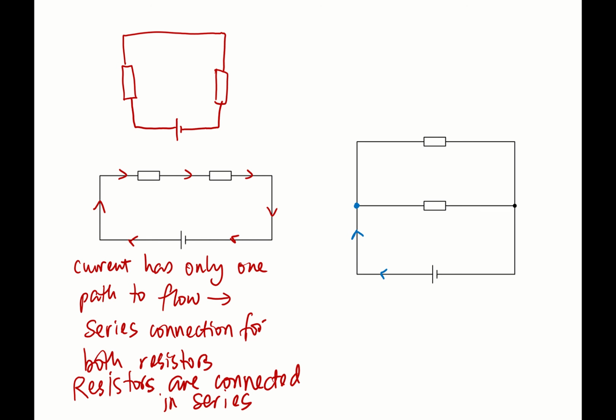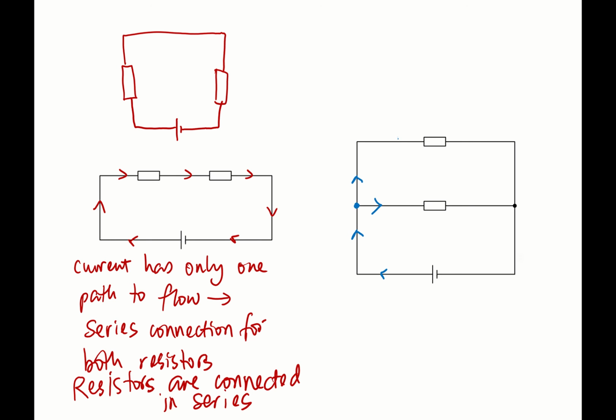So in this case, the current splits into two directions. Now, never assume it's an equal split, because it depends on the resistors, the value of the resistance. So never assume an equal split unless it's either stated in the question or hinted at in the question. Otherwise, never assume that. Well, we do know that the current splits.